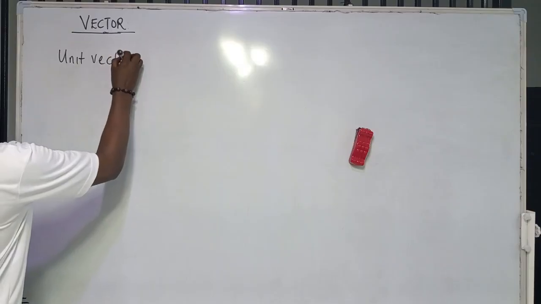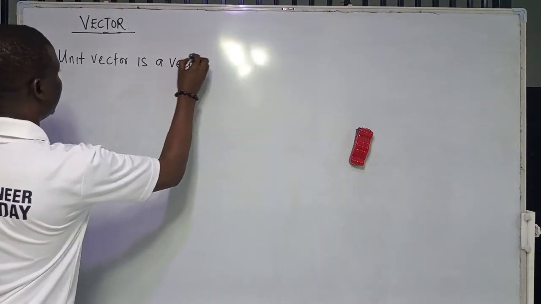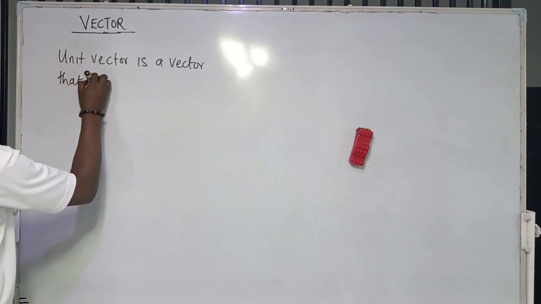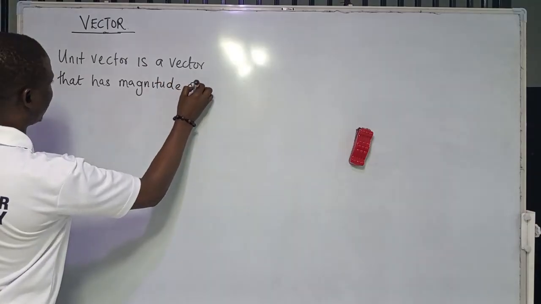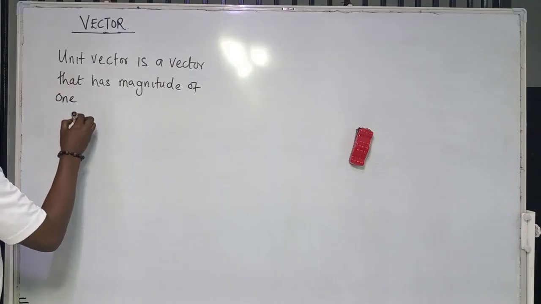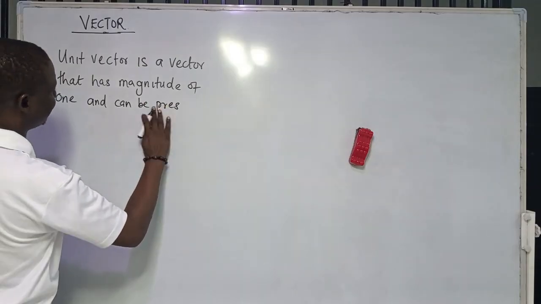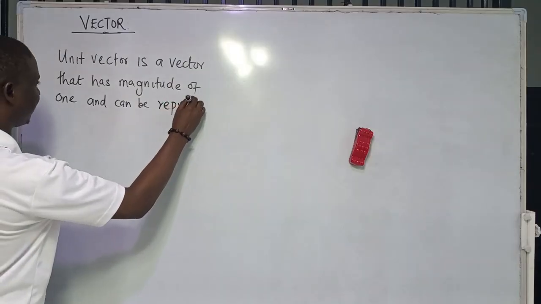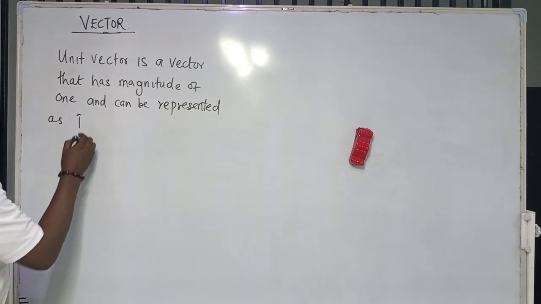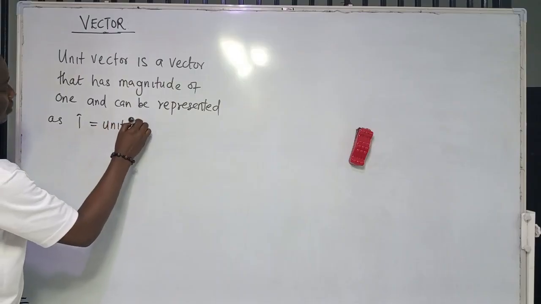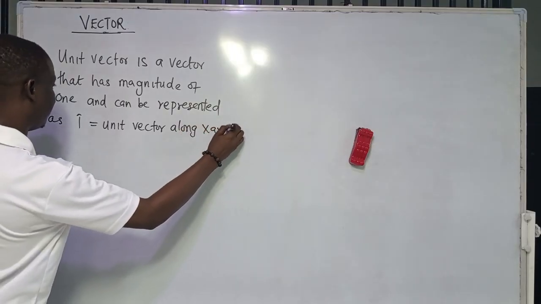Unit vector. Now, a unit vector is a vector that has magnitude of 1, and can be represented as I. I is what we call the unit vector along the x-axis.